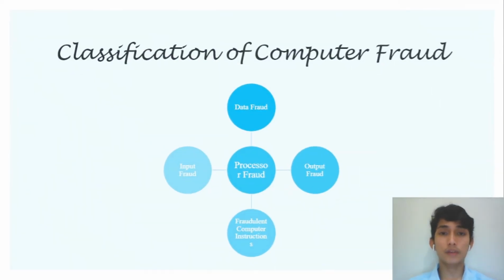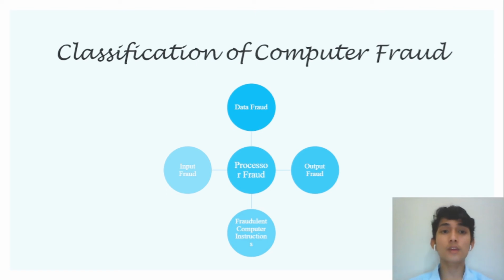Classification of computer fraud. Number one is input fraud. Input fraud is the activity of faking or replacing computer input. For example, an employee sells a full-value customer ticket, enters it as a half-price ticket, and pockets the difference. Number two is processor fraud, which is unauthorized use of the system, including theft of computer time and services.